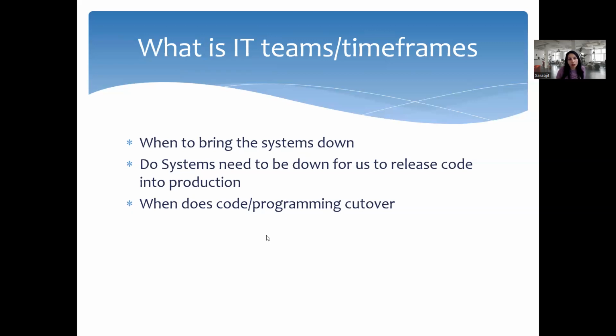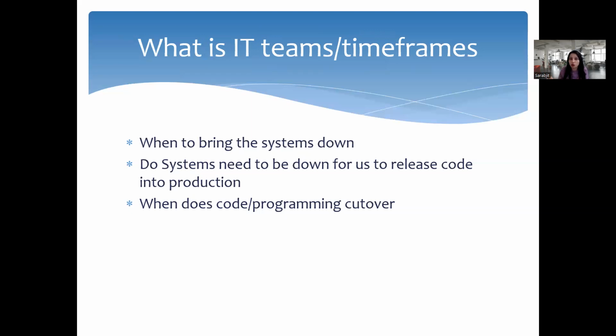What generally IT teams have to consider is that sometimes we can release code into production without bringing the systems down. Most of the time, if your project is bigger in scope and depends on the type of environment that you're in and the types of systems that you're cutting over, there may be a need to bring systems down, and there may be a need to have the ability to push code when systems are live, right?